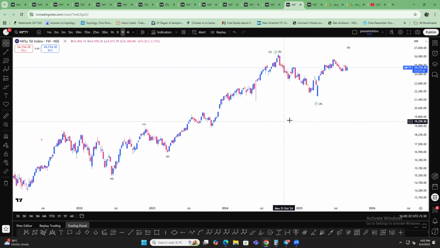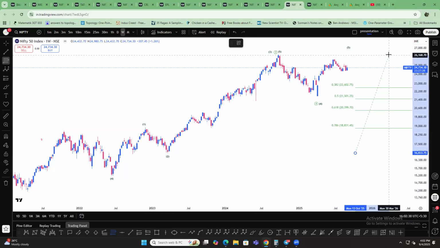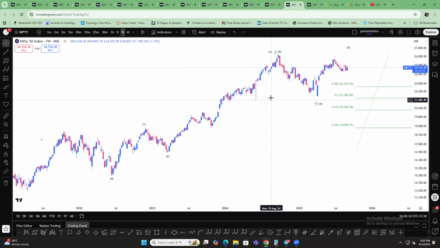Now, if we analyze these correction and take the retracement, so from wave 2 low to wave 3 high, see, 38.2% is the common retracement level, but since there is an extended wave 3, so we are expecting some deeper retracement.